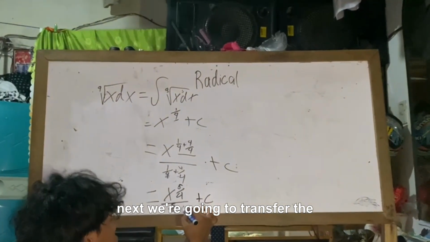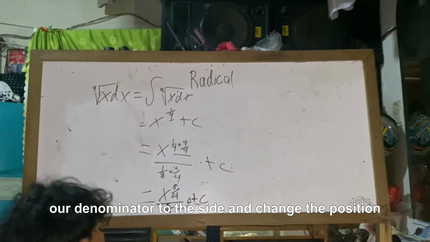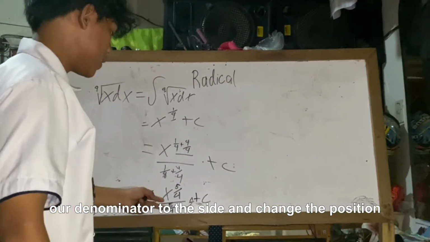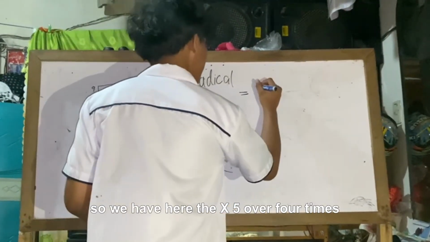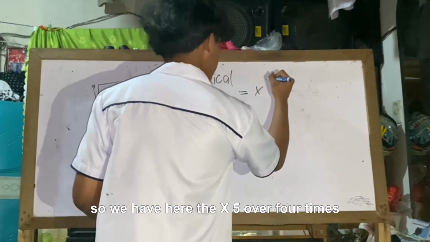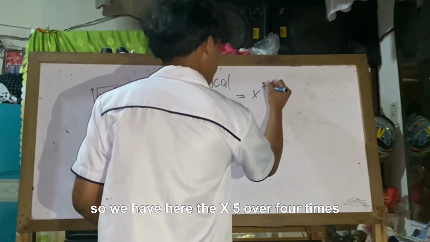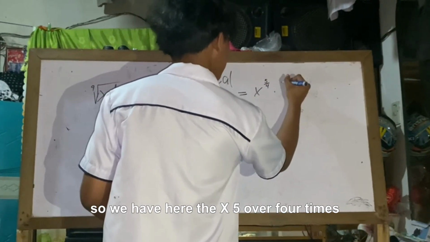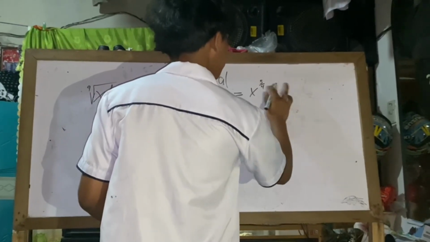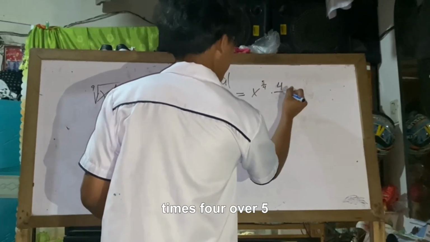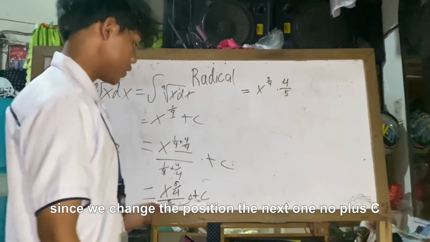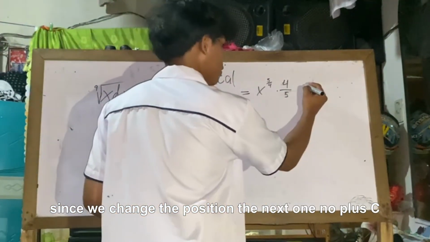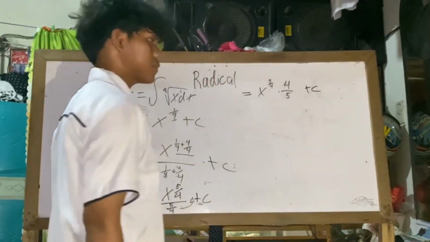Next, we're going to transfer our denominator to the side and change the position. So we have here x to the 5 over 4 times 4 over 5, since we changed the position, plus c.